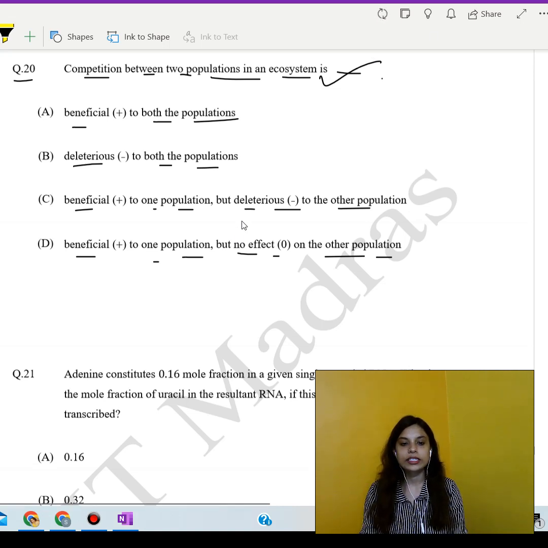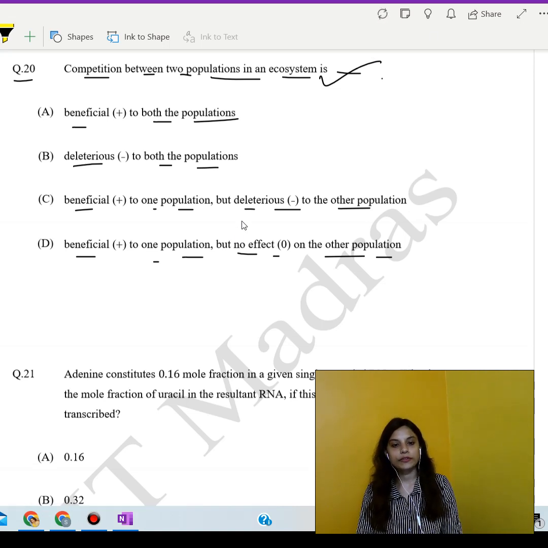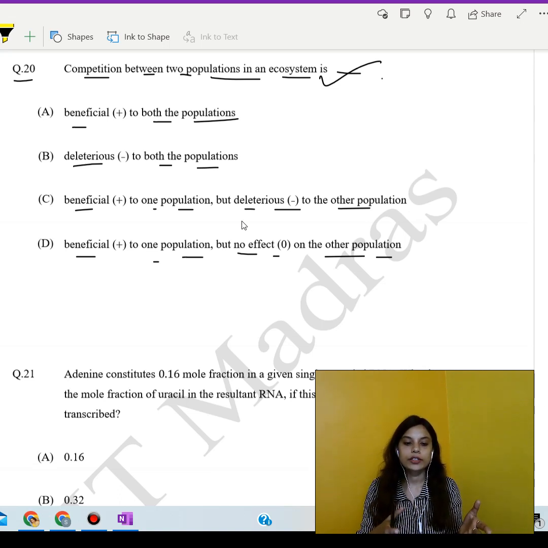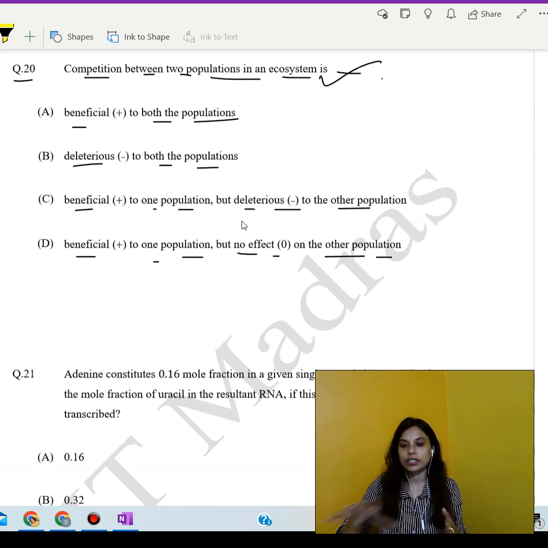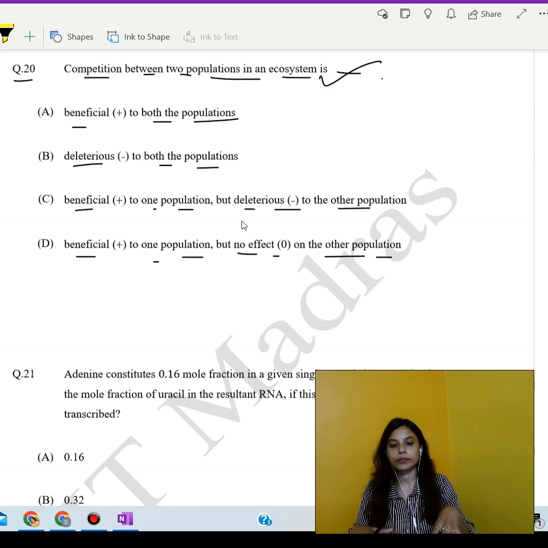Now, there can be several different types of competition and their effects. First one would be exploitative competition. Now, this occurs when one population reduces the availability of a resource for another population. So, what will happen in this case is this can harm both the population, especially if the resource is essential for survival, and if one population takes over it more than the other group of population, then of course it would be affecting both of them.